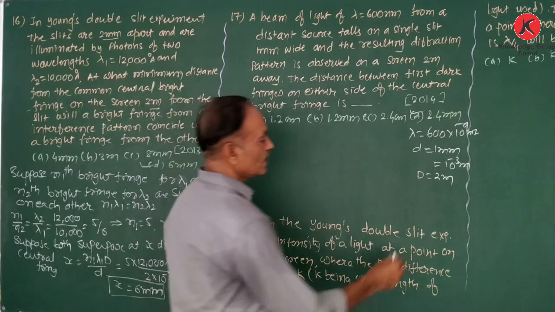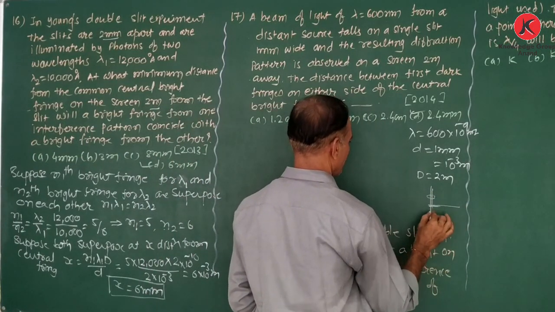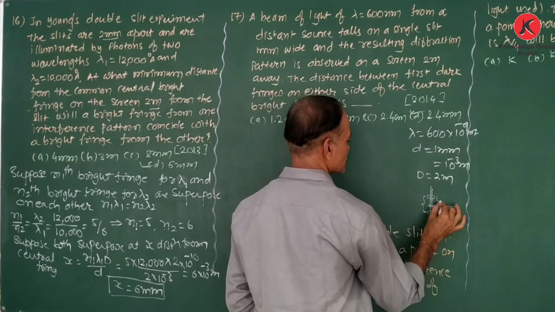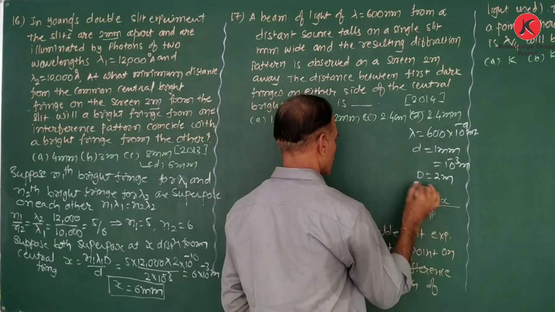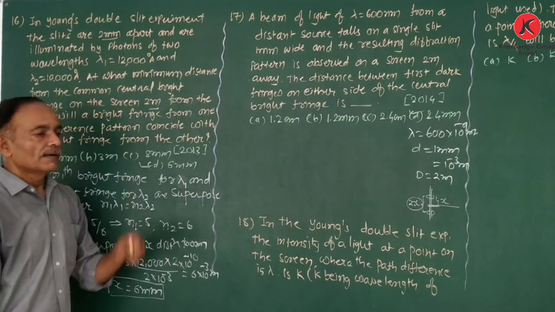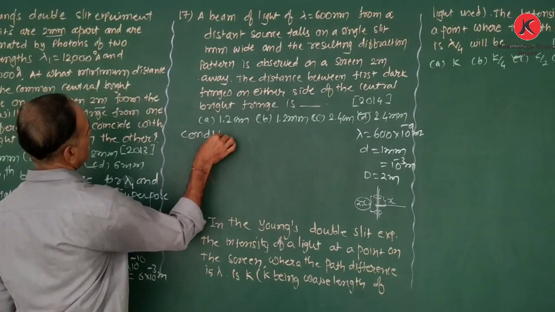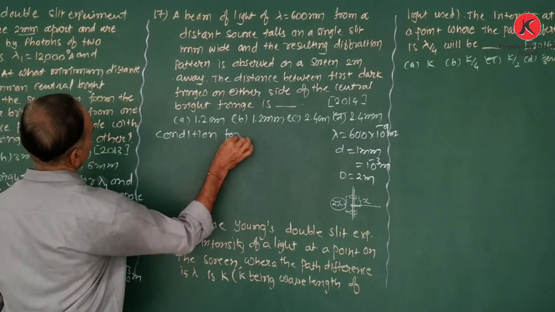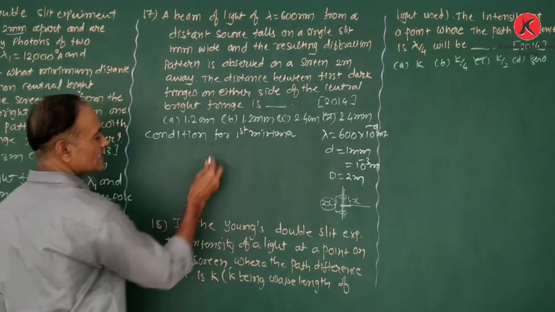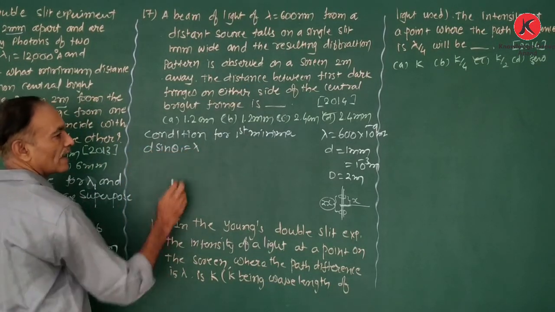We have to find this out. There is the central bright fringe, and the first order minimum is obtained here. We require this distance. This distance is x, so we require 2x. Now, the condition for the first minimum is d sin theta 1 is equal to lambda.